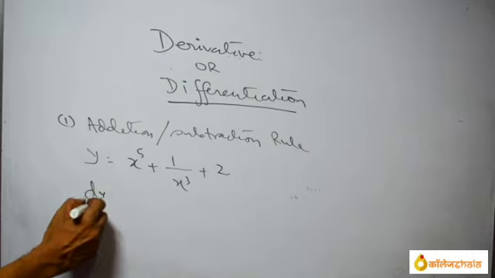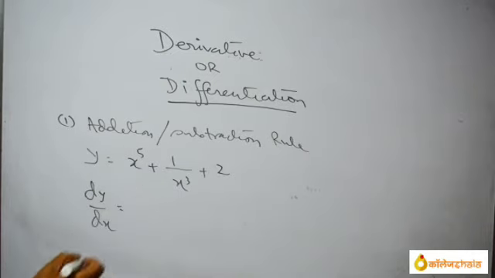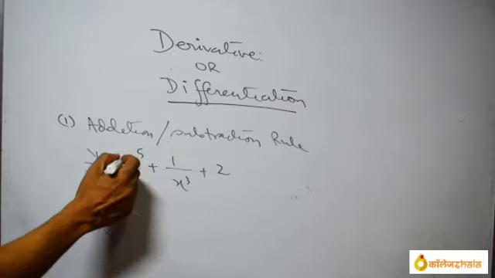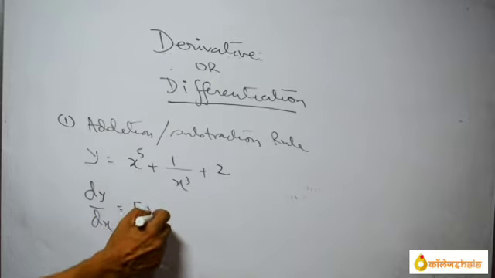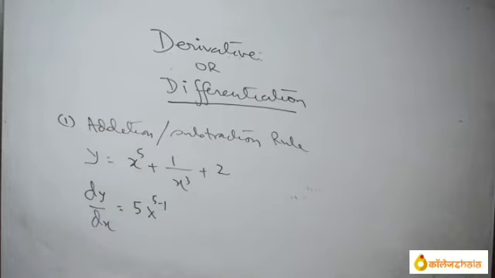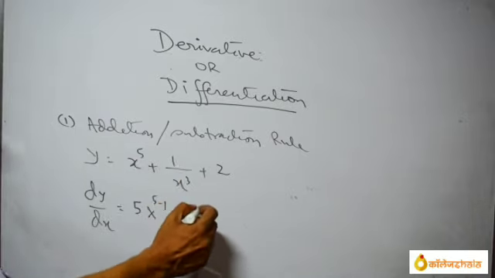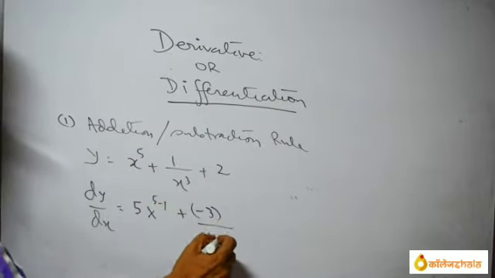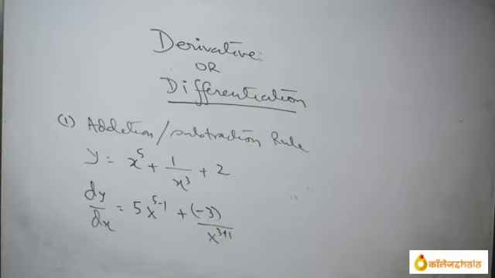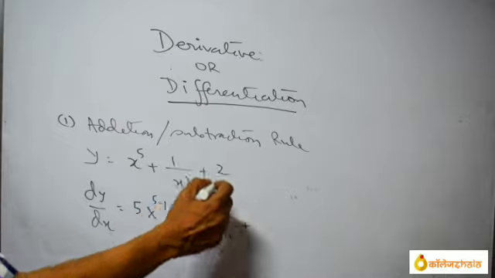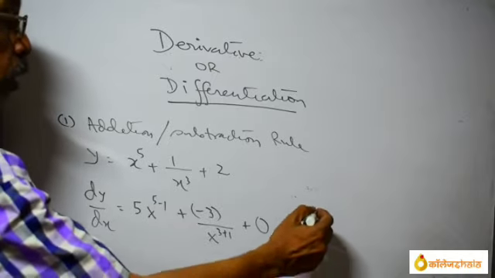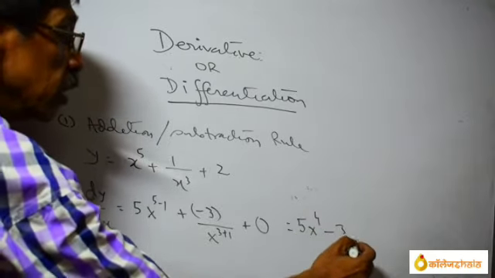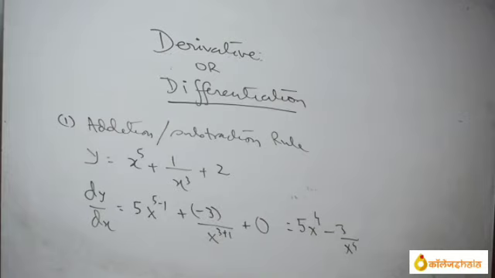We can individually use the formulas. For x to the power 5, it is 5 x to the power 5 minus 1. For 1 by x to the power 3, it is minus 3 by x to the power 3 plus 1. And the derivative of 2 is 0. So the final answer is 5x to the power 4 minus 3 by x to the power 4.